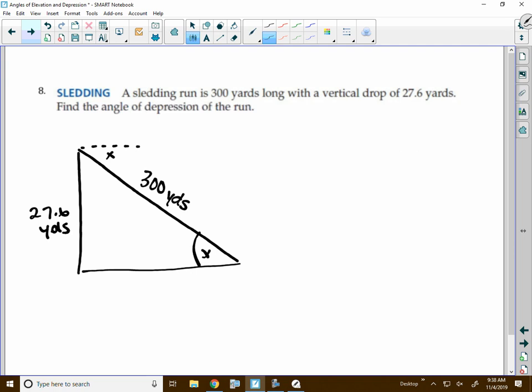And then the sledding run, which would be like the length that you would sled on it. Yeah, so think about sledding, you're going down the hill. I feel like if they would have said the sledding hill, that might have made it easier. Yeah, so the sledding hill or the sledding run is the 300 yards.